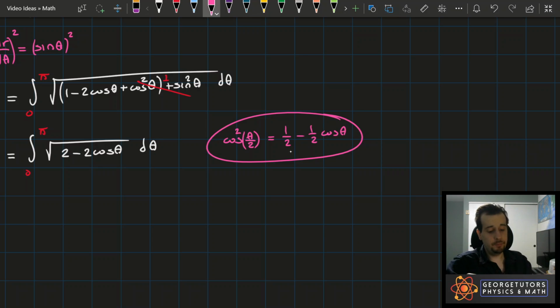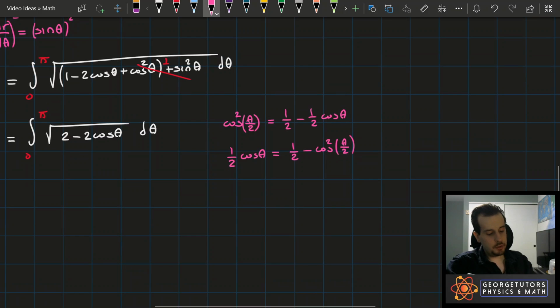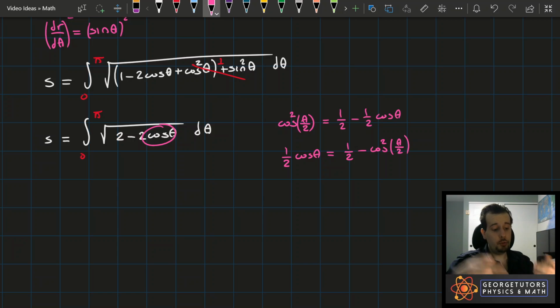It's the same deal. And you can see here that if I want to isolate this, I bring it on one side. I have 1/2 cos of theta, and then on the other side 1/2 minus cos squared of theta over 2. What I'm trying to do is replace this in favor of cos squared of theta over 2, so I'm hoping to get a cancellation to happen.